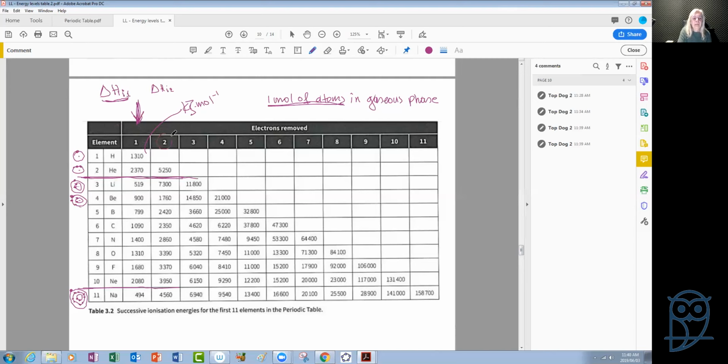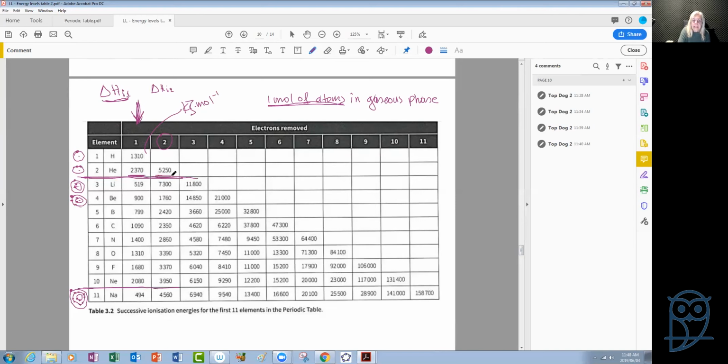And these numbers here, 2, 3, 4, and so on, represent the subsequent ionization energies necessary to remove further and further electrons, always of 1 mole of atoms or ions. If this energy is necessary to remove the first electron from helium, then we are going to be left with a positive ion.